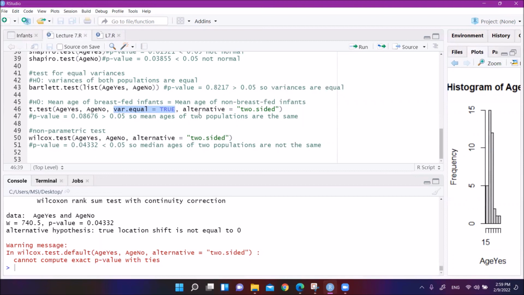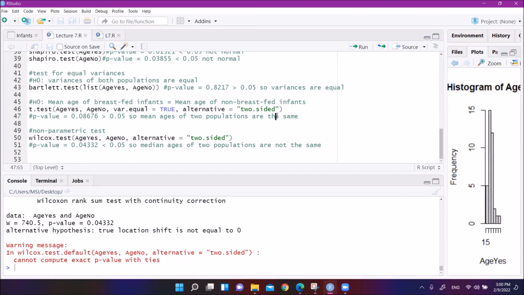So at the exam, if you didn't give this and got a wrong p-value, then you're in trouble, right? So always remember, you have to do this. You're getting marks for this. If you don't do this, you're losing those particular marks, right? So when you're doing the t-test, if you want to get the correct p-value, you have to specifically mention this argument.